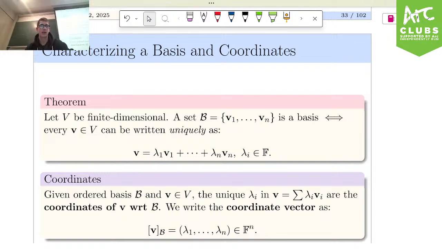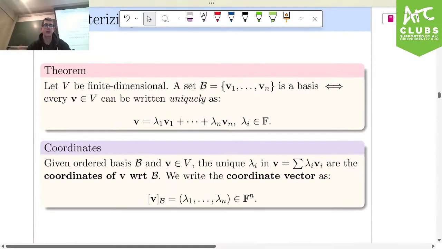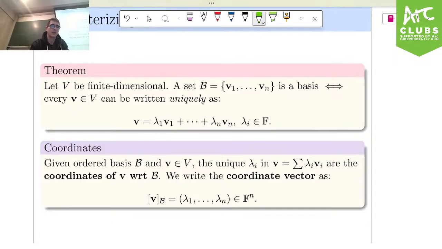So any element phi within our vector space can be expressed, and that's this idea of a coordinate, as n different scalars. The reason this works is that the basis is a spanning set, which means there is at least one solution, lambda 1 through lambda n, for which this is possible. And the fact that it is linearly independent means that it's exactly unique.